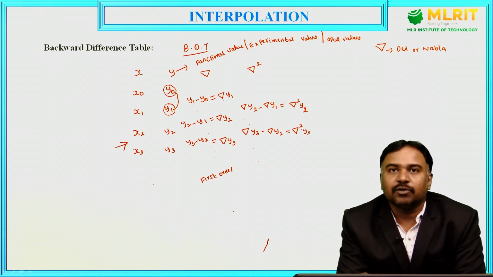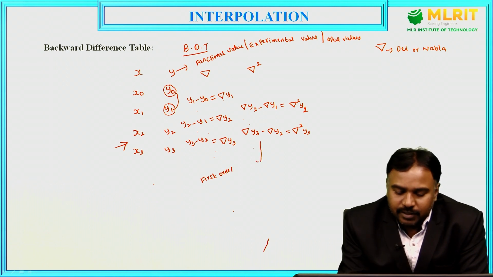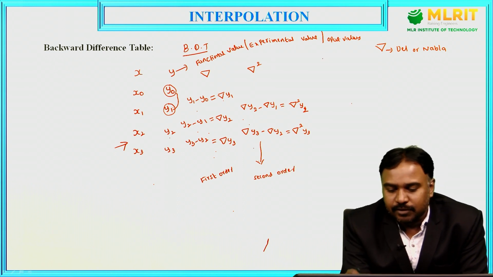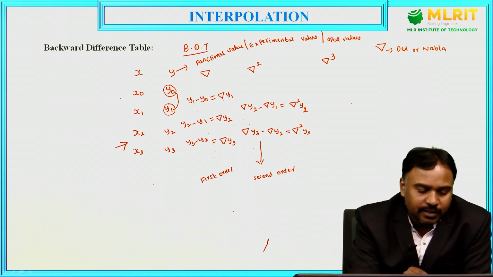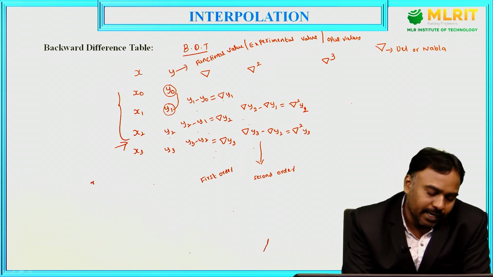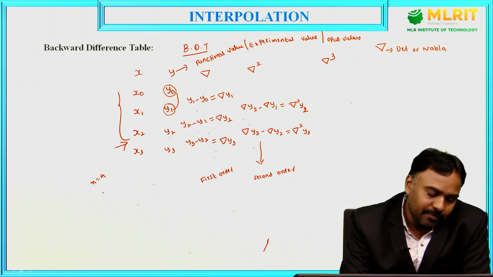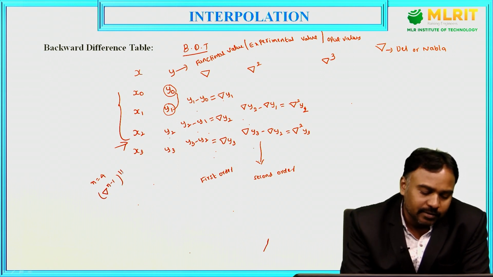The difference of the first order differences we call the second order differences. There are 4 values, so for n equal to the number of observations, 4, the del power n minus 1 order table will exist.